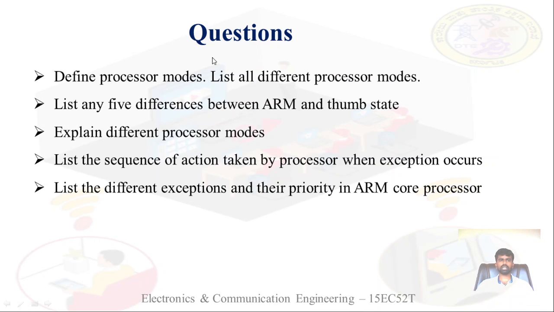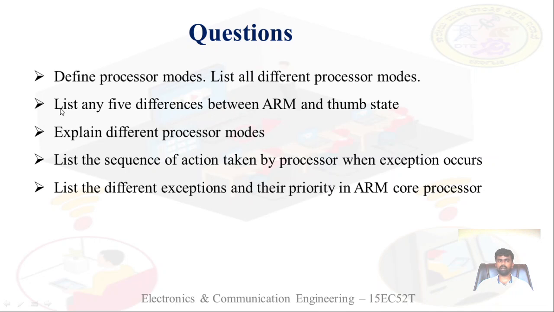Okay, there are some possible descriptive questions. First one: define processor mode and list all different processor modes. This question may be asked for 5 marks. First you have to define what exactly a processor mode is, then there are 7 different processor modes, right? You have to list all processor modes. Likewise, they can ask to list any 5 differences between ARM and Thumb state.